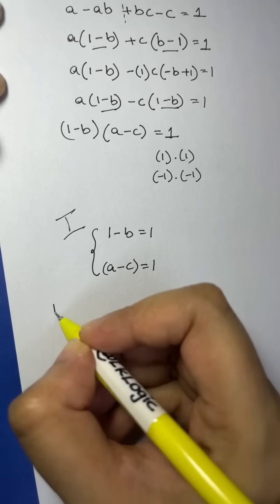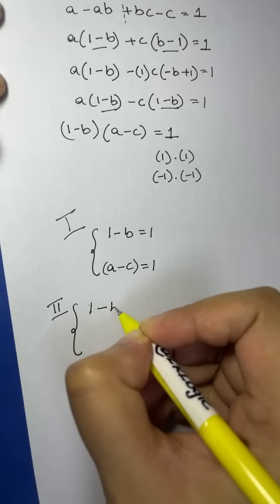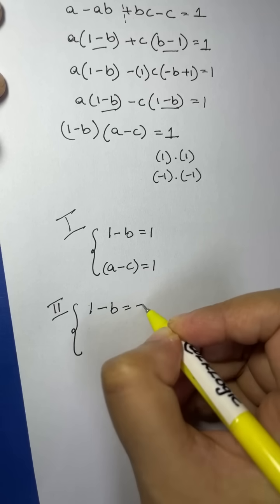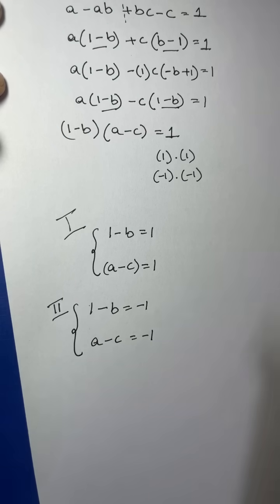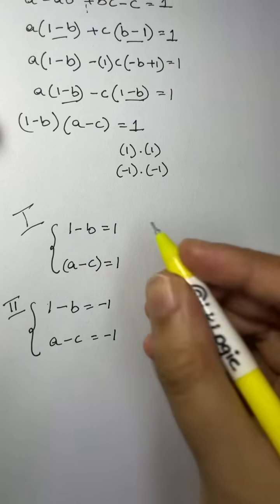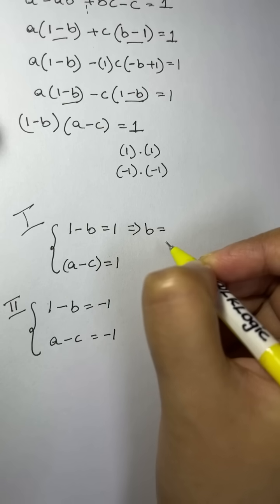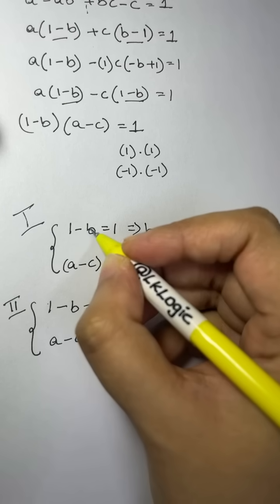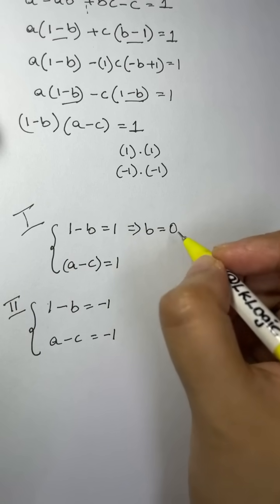And the second one: 1 minus B equals negative 1 and A minus C equals negative 1. So let's solve. What will be the answers for the first one? 1 minus B equals 1. So what will be the value of B here? B is equal to 0. 1 minus 1 is 0.